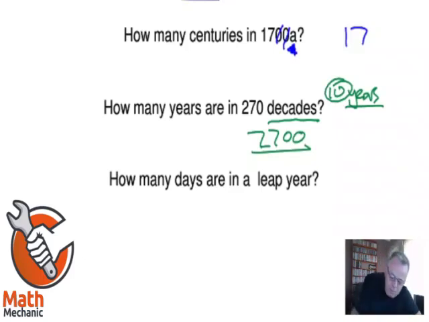And then the last one, we've already taken a look at leap years, but just to answer this question from a different perspective, how many days are in a leap year? It is 366. Now the reason for that, just in case you didn't know, when the Earth rotates around the Sun, we consider it to be 1 year, which is a period of 365 days. So we are assuming the Earth goes around the Sun in 365 days flat, but it doesn't.